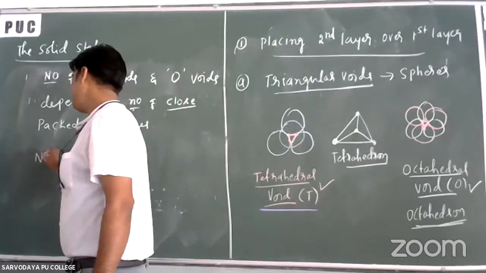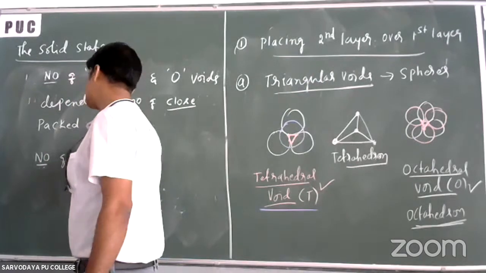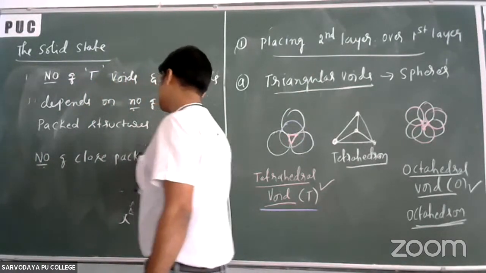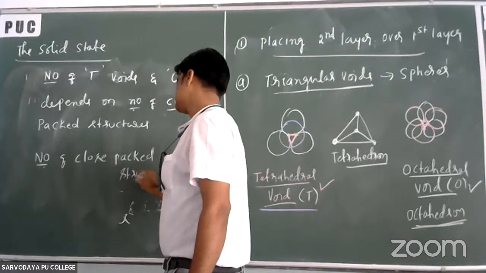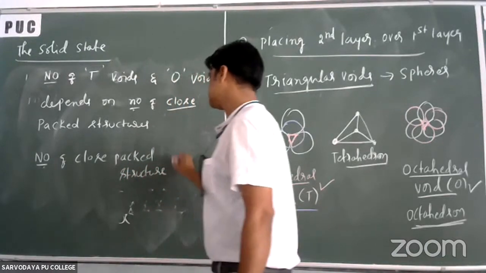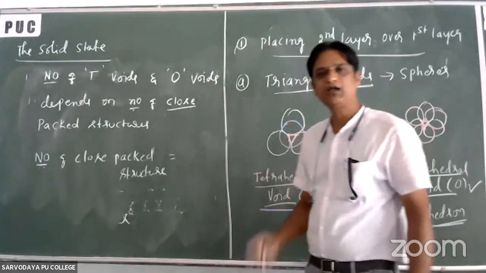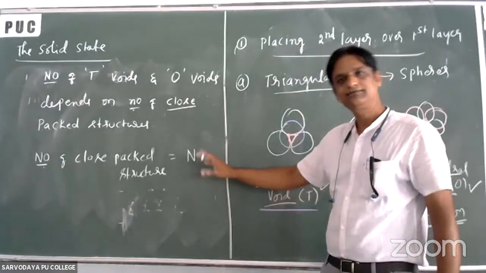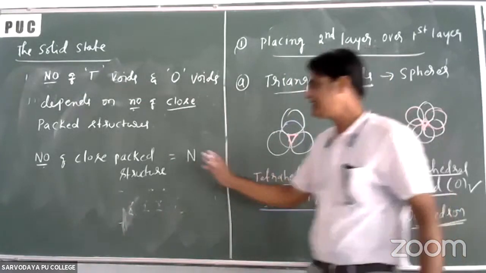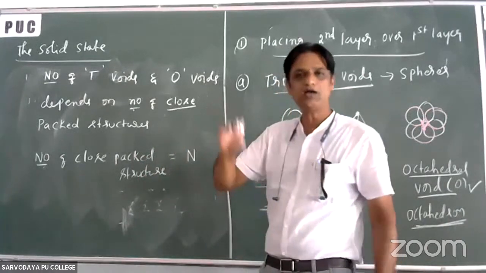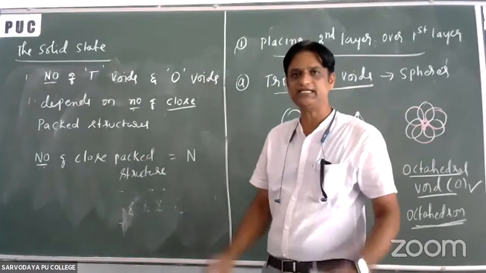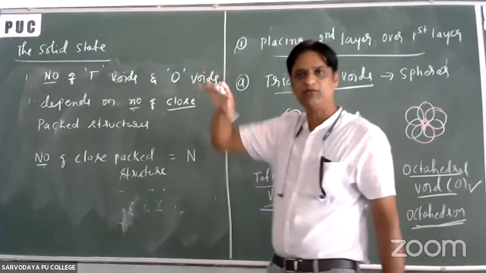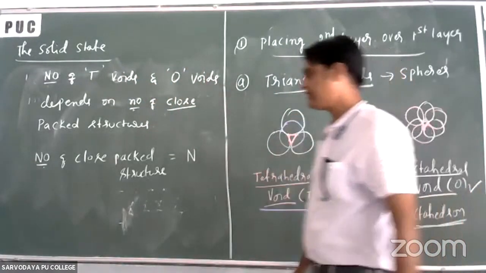Suppose we take the number of close packed structures as n. I'm not taking any number, I'm taking it as n. N number of close packed structures are formed in a crystal lattice. In such case, how many tetrahedral voids and how many octahedral voids will be generated? Very important.